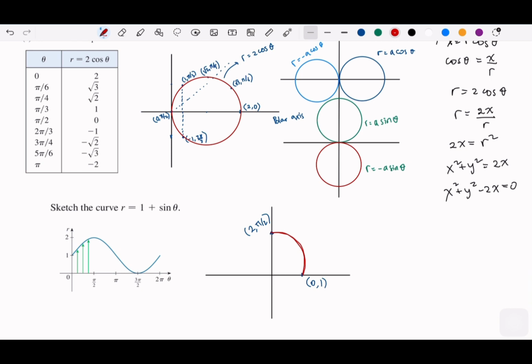And then the same thing, you check from pi over 2 to pi. You could try your best using the Calculus 1 definition for the tangent, the slope. But I don't think you remember, so I just skip that. You could just pinpoint some special values.